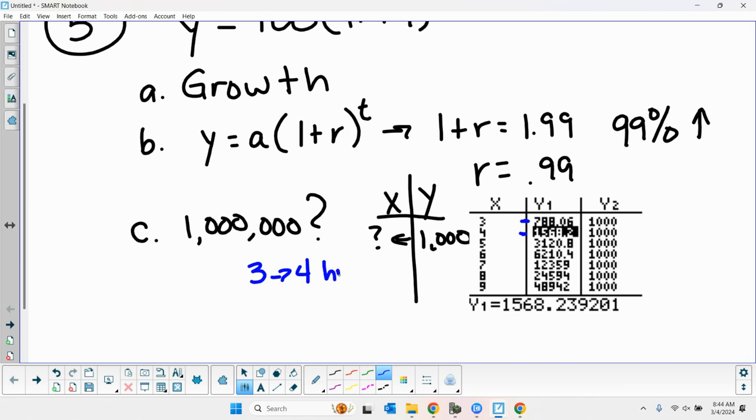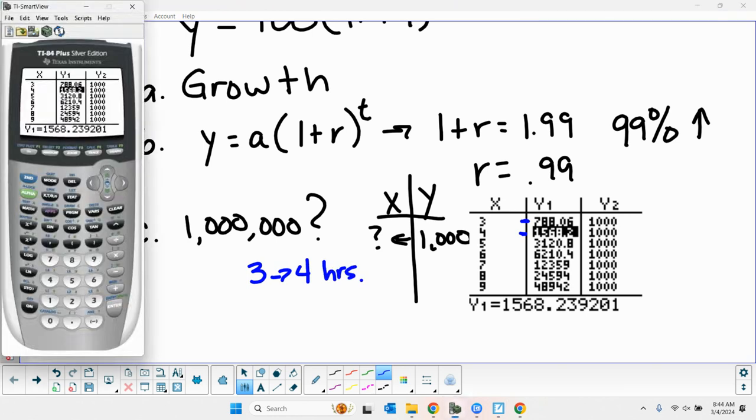So the other way, looking at the graph, so remember, if we're at our normal Zoom 6 graph, see, I have a different window right now. So let's see if it shows up. I don't know if it will. I don't know what my window is right now. All right, so I have to change my window. I'm going to go to window, that's right next to the y equals.